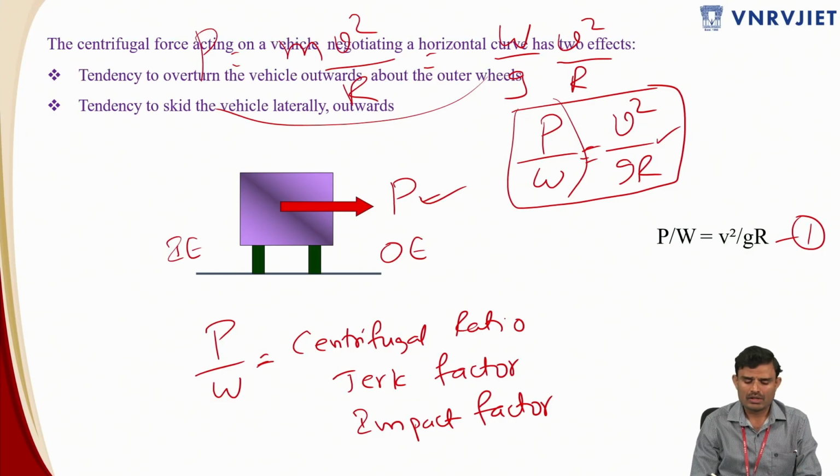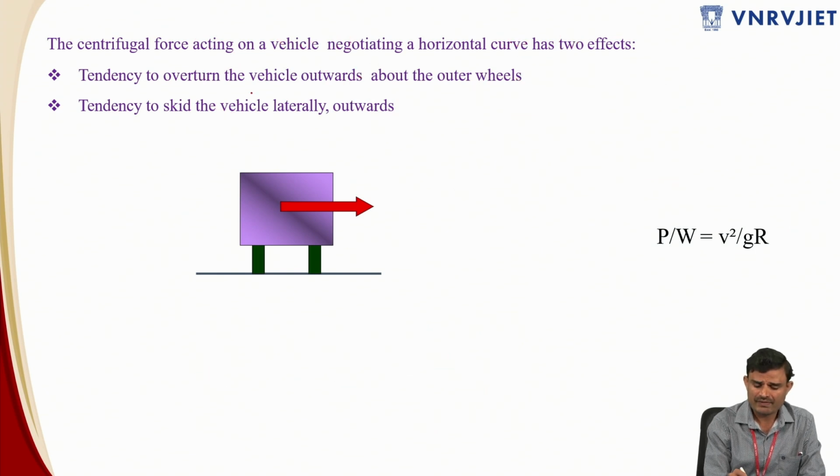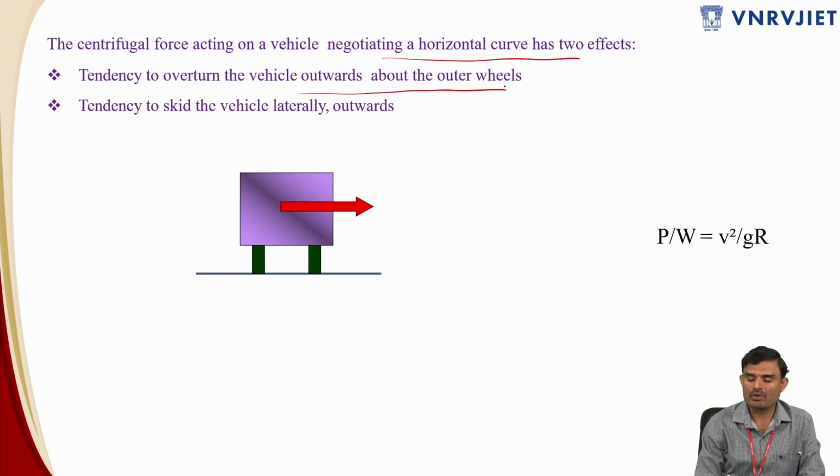Now the centrifugal force which is acting on a vehicle in the horizontal curve portion will have two effects. The centrifugal force acting on a vehicle negotiating the horizontal curve is going to have two effects. One is the tendency to overturn the vehicle outwards about the outer wheel.